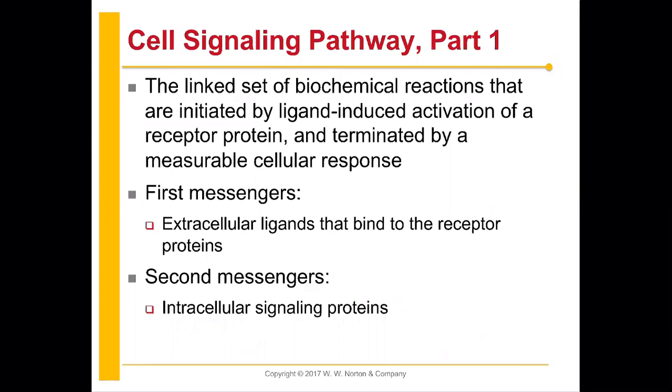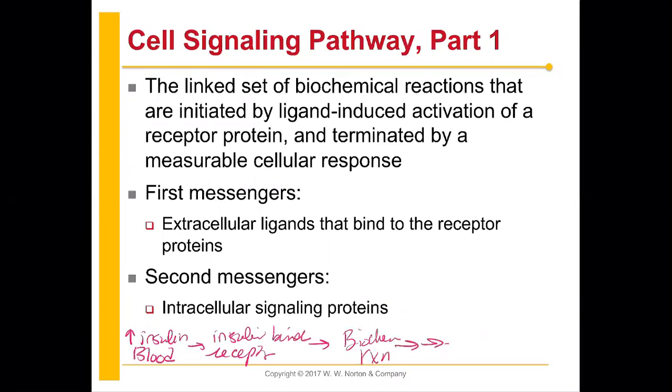So for example, the insulin signaling pathway, right? You have high levels of insulin in the bloodstream. So what's going to happen? Insulin binds to the receptor, right? Once that insulin receptor is activated on the surface of our target cells, we're going to have a series of biochemical reactions that are going to occur.